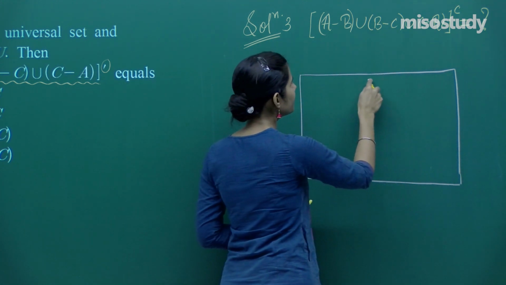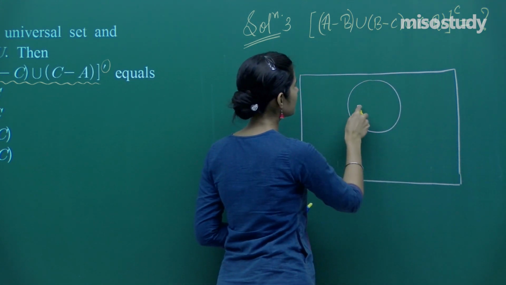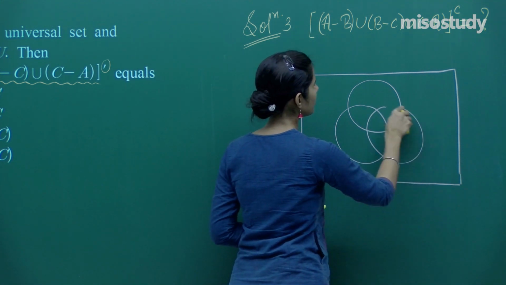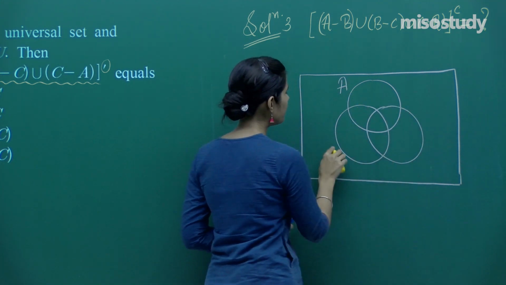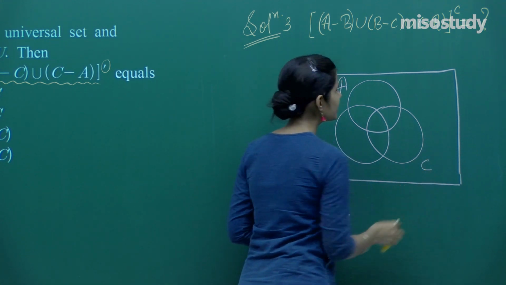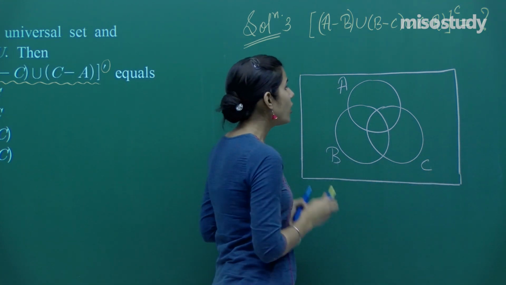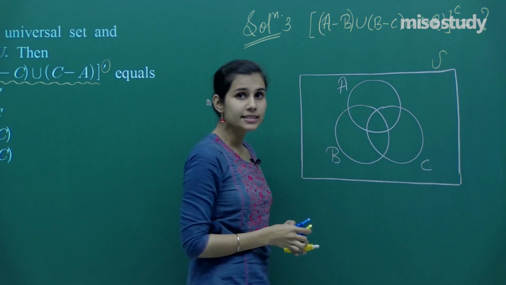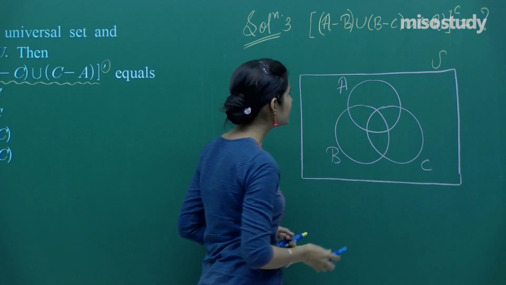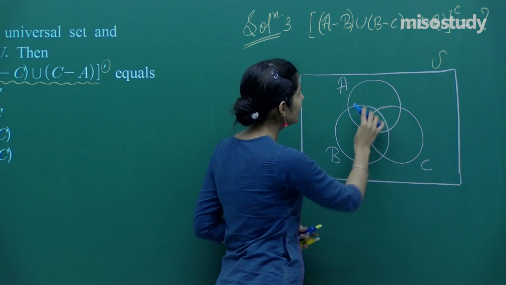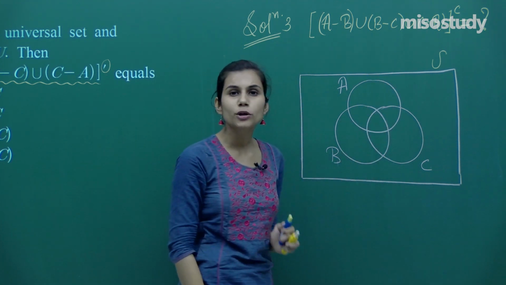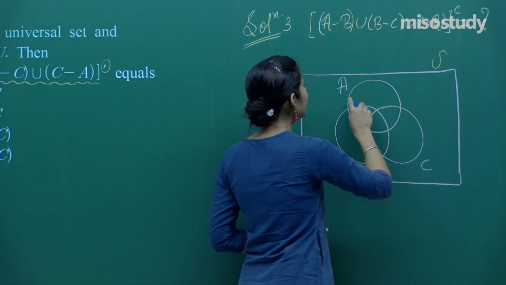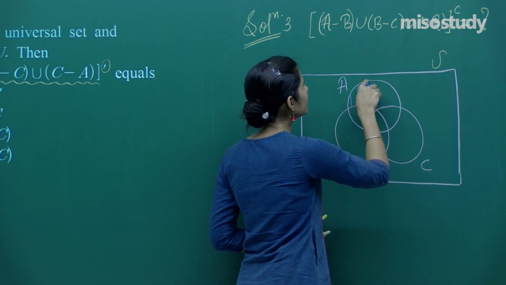Now we are given 3 distinct sets. This is my set A, suppose. This is B and this is C. Now what the question is saying is plot A minus B. Let's try and plot A minus B. From A, remove the contribution of B. Just remove B and you will be left with this.